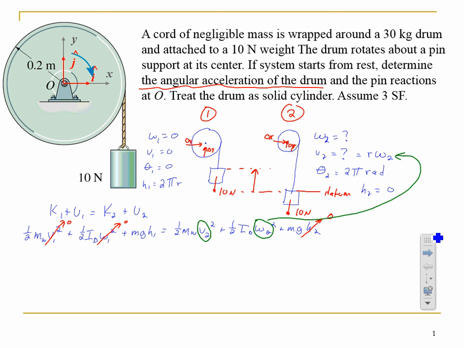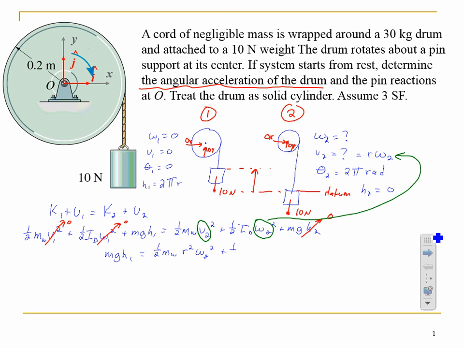So I can rearrange this. On the left-hand side, I have mg h1. On the right side, I'm going to have 1/2 times the mass of the weight, and now I'm going to express V2 squared as R squared times omega 2 squared.